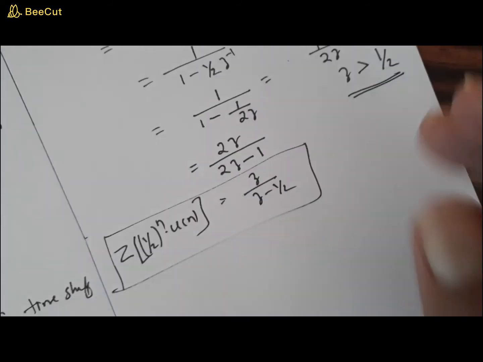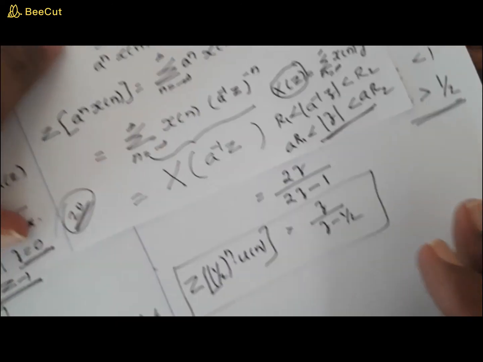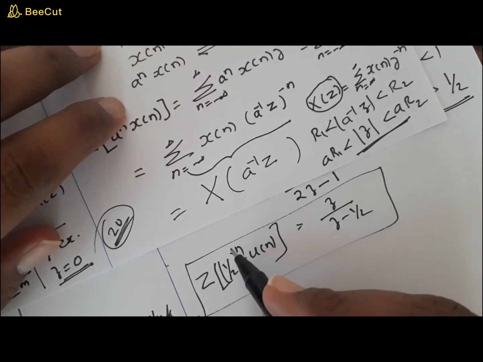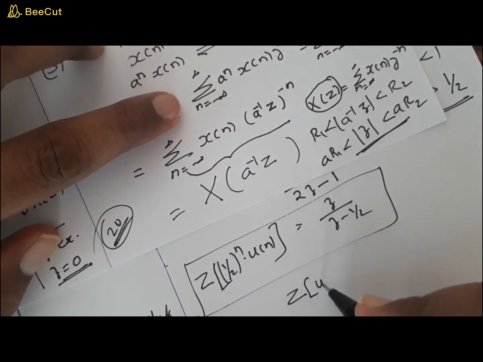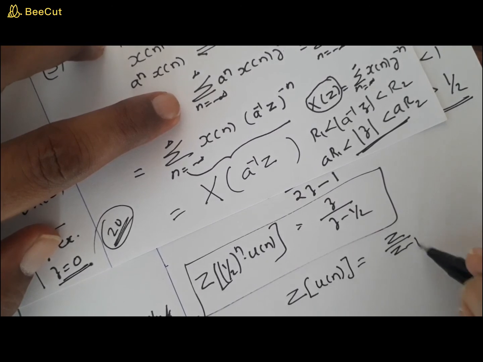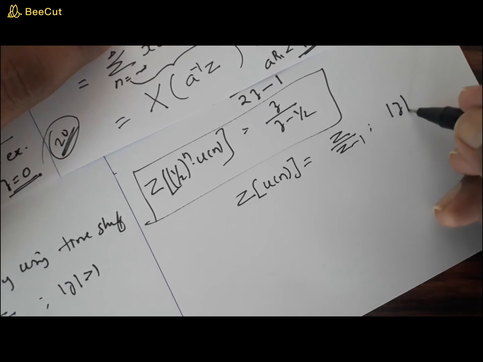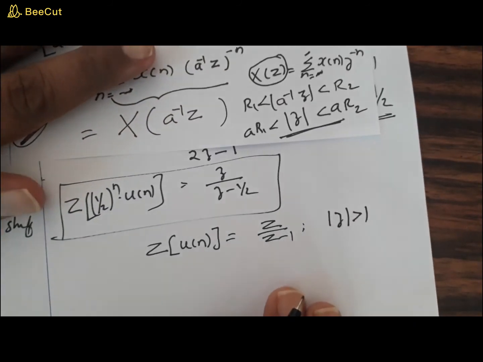Now how to apply this property? This property is for x of n, where the basic expression is multiplied by (1/2)^n. So your basic expression is u of n, and you know the z transform of u of n is z by z minus 1, with |z| greater than 1.